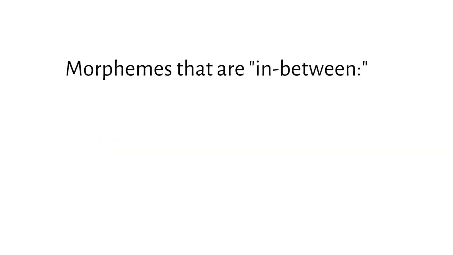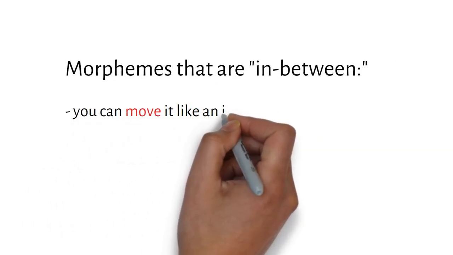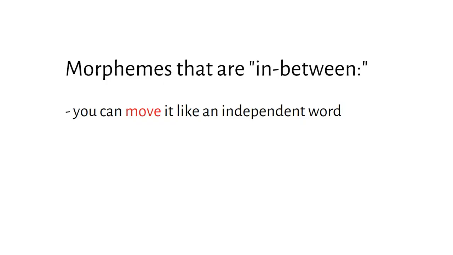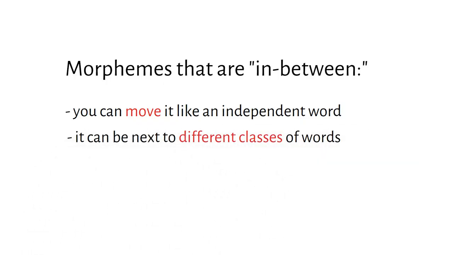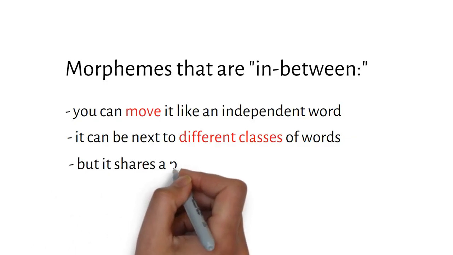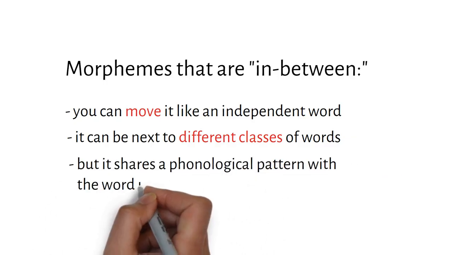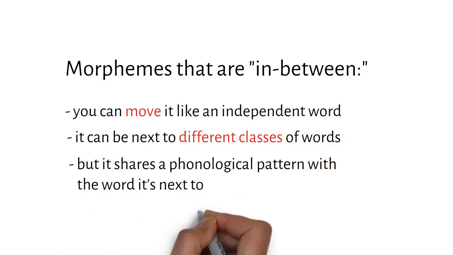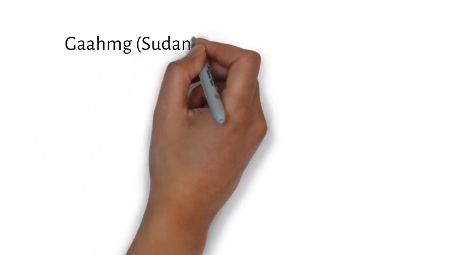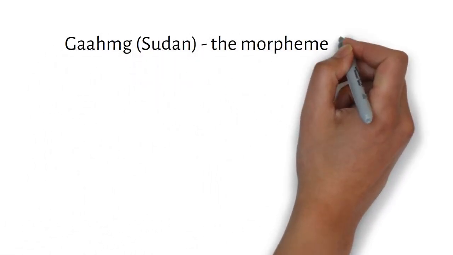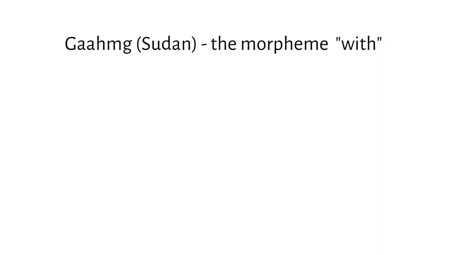Sometimes a morpheme is kind of in between. That is, you can move it like a word. It can be next to different classes of words, but it shares a phonological pattern with the word it's next to. These in-between words are sometimes called clitics. And yes, sometimes language is complicated. Here's an example from the Gamg language of Sudan, the morpheme that means "with."